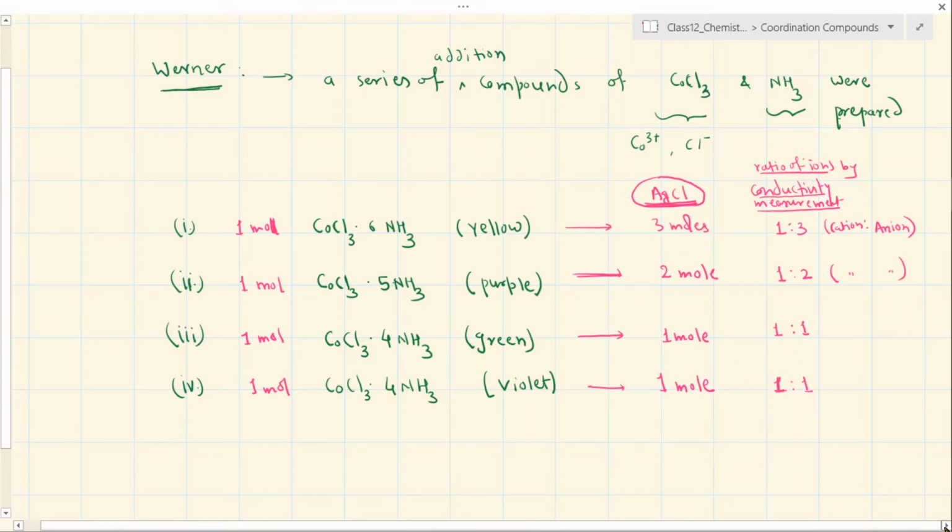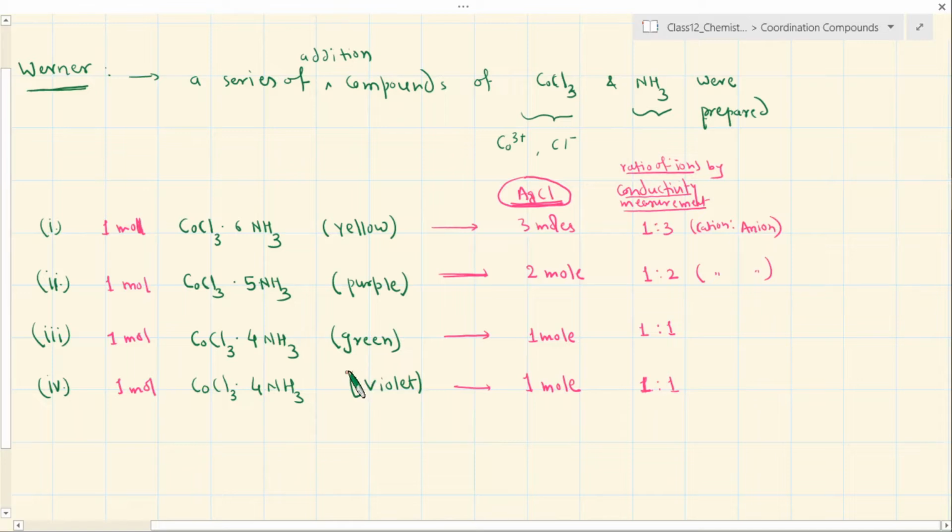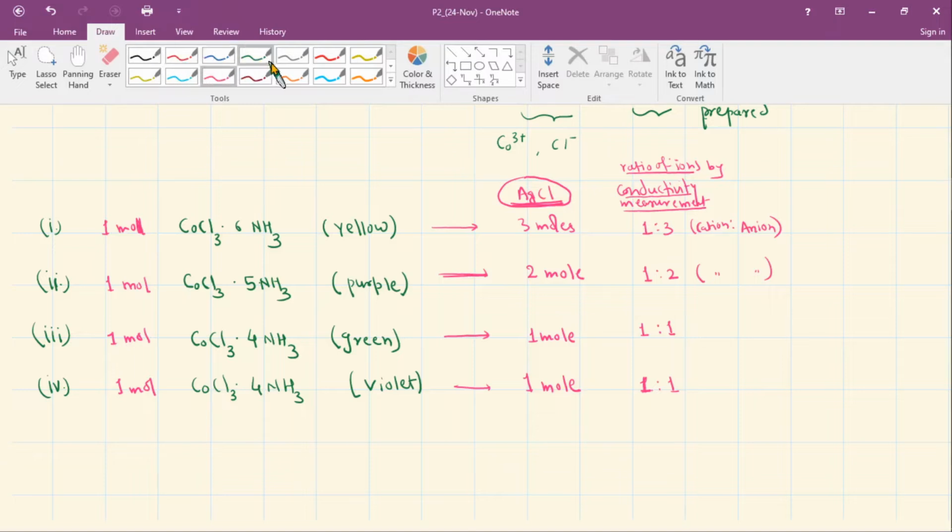So Werner proposes something much more. Normally our understanding of any salt is that you have the idea of valency of a cation and anion, right?